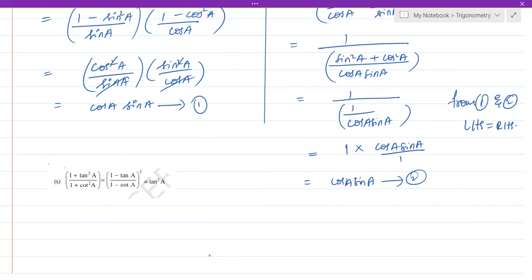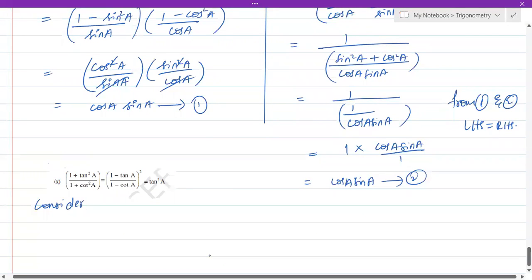So let's start with, we cannot say LHS here because there are three things. So let's consider the first one, that is 1 plus tan square a divided by 1 plus cot square a. We are trying to prove it is equal to tan square a.